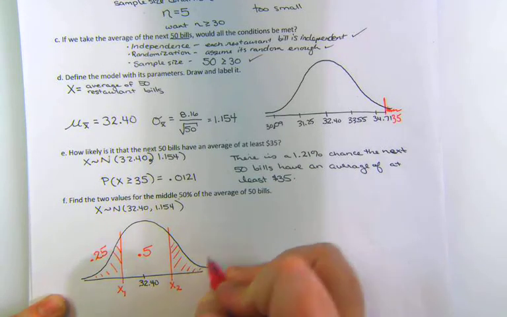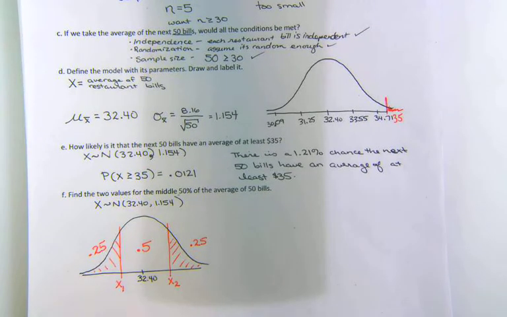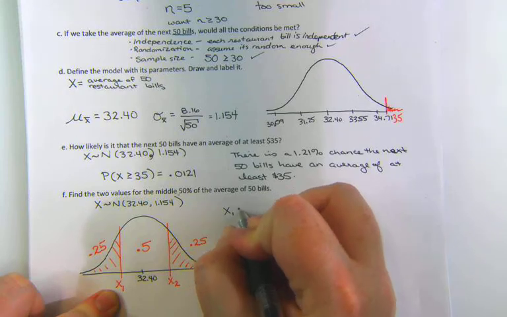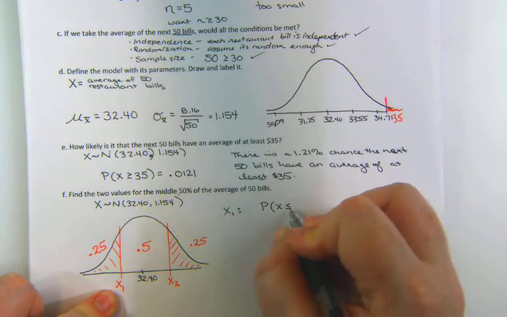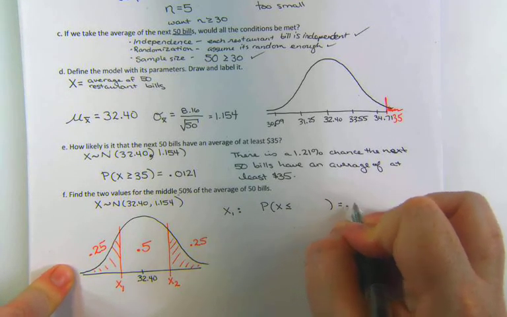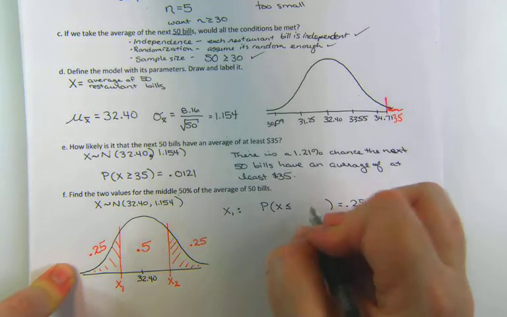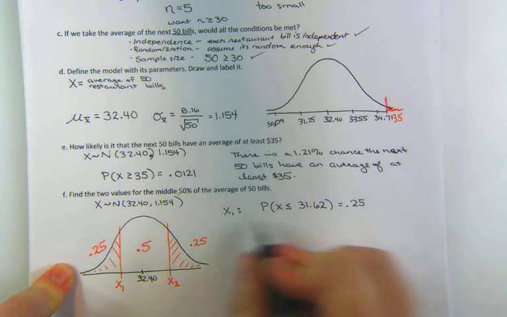If you want this middle 50% and are finding it with GeoGebra, what you need to think about are the tails. If this is our first x value, this has an area to the left of 0.25. And the second x value has an area to the right of 0.25.